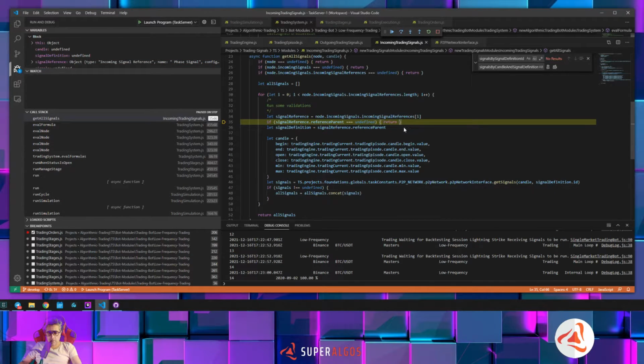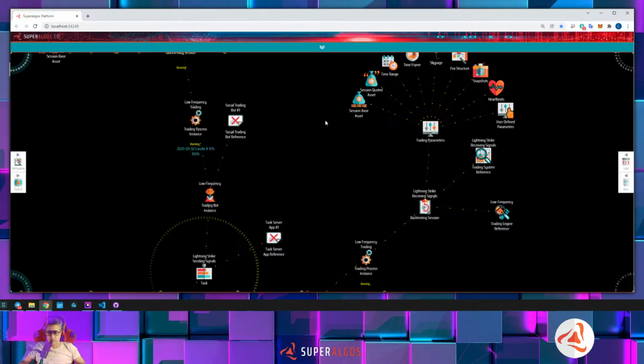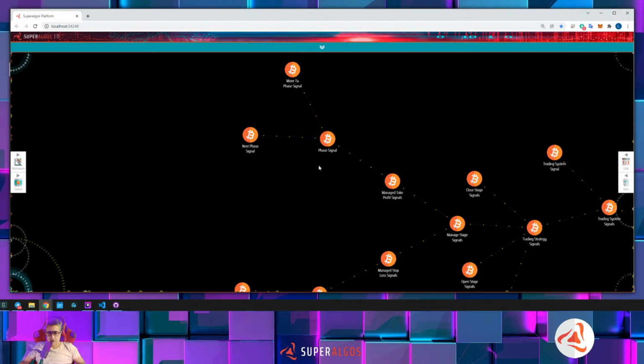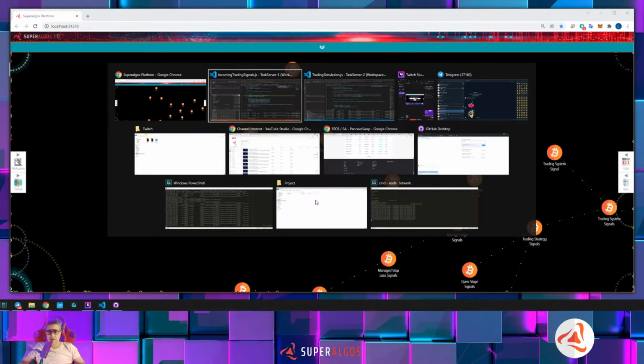Okay, there's a problem here because it's returning signal reference. Reference parent is undefined. This looks very much like we have a missing definition of this node, phase signal.